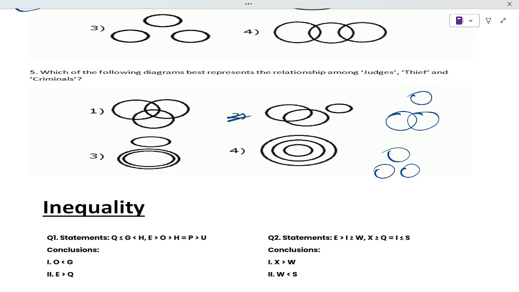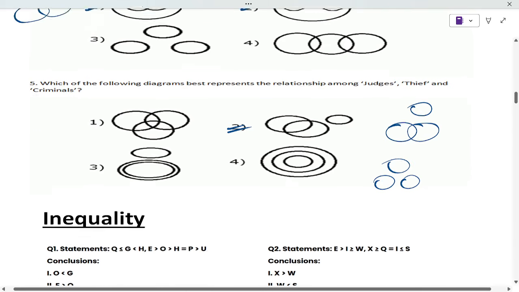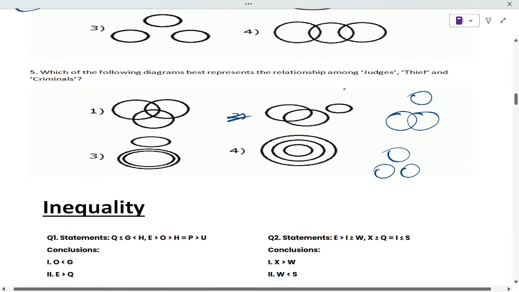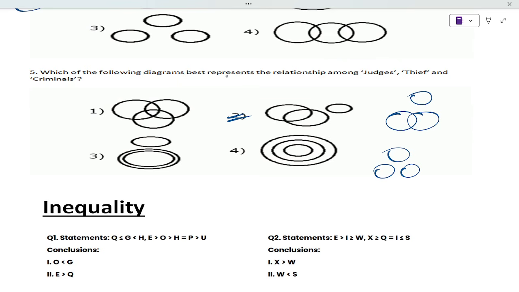Let me give another one. If the question asks us to find the relationship among women, professors, and widows, the correct option will be this one.